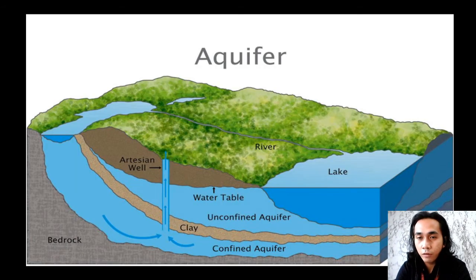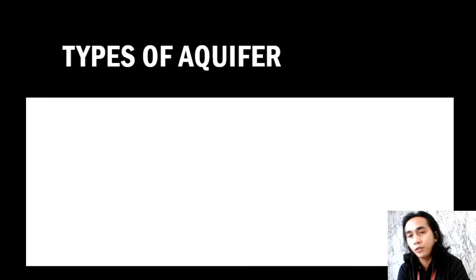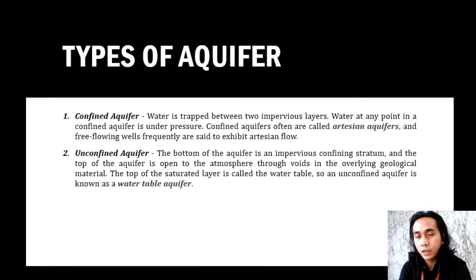So unconfined aquifer naman kumbaga ang top layer niya is accessible to the atmosphere. So, kumbaga saturated ang soil, because of ginatawag na water table kana na part. So, ang iyang kabasa kay gikan sa unconfined aquifer. Kaya dali lang siya ma-access.